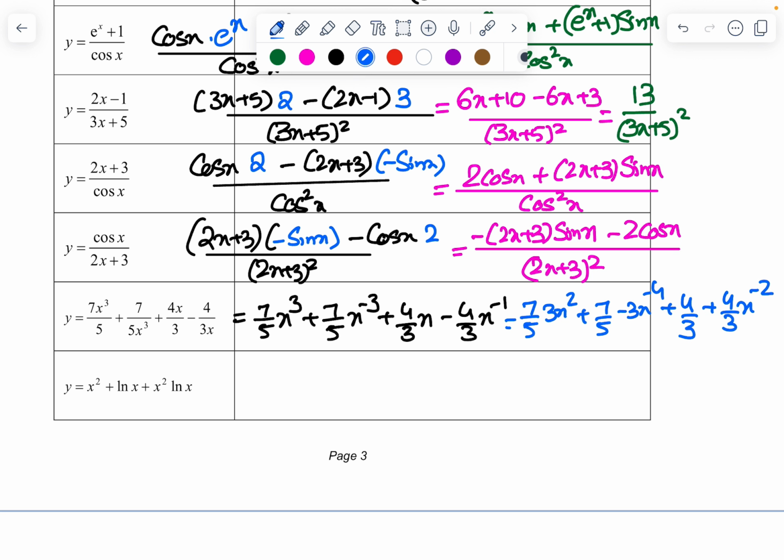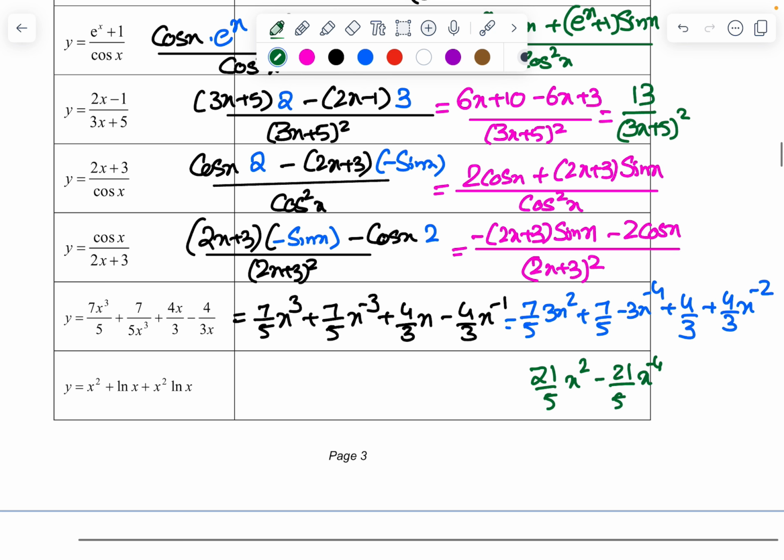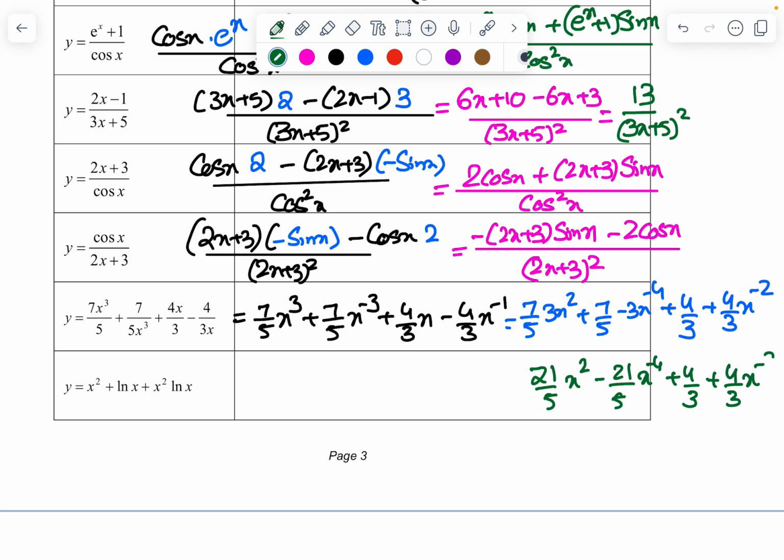So we cannot simplify it further, or we can write 21 upon 5 x square minus 21 upon 5 x to the power of negative 4 plus 4 upon 3 plus 4 upon 3 x power negative 2.